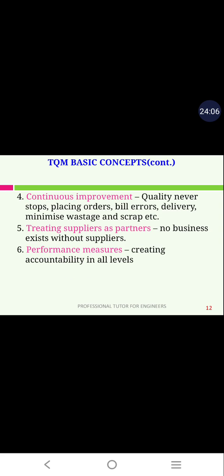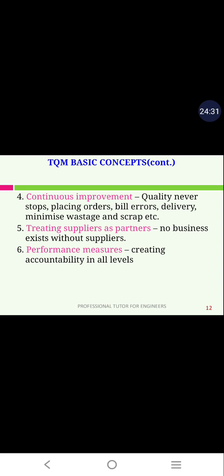The fourth concept is continuous improvement. Quality never stops: placing orders, bill errors, delivery, minimizing wastage and scrap, etc. There should be continuous improvement in each and every process. Whenever you do a process the first time, it may take some time.